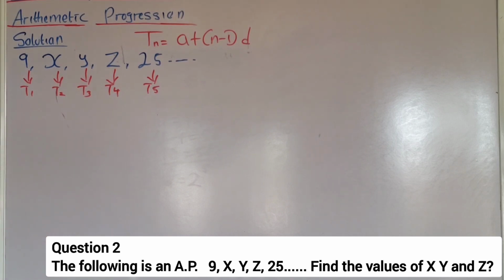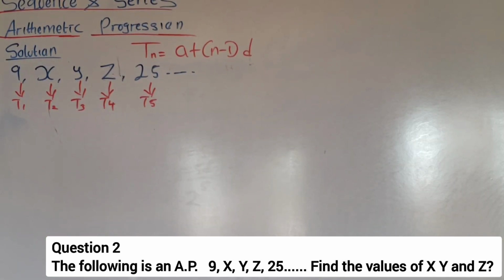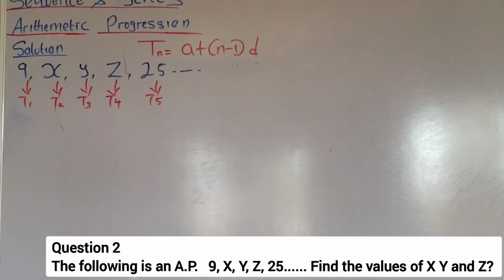Now, to determine the value of X, Y, and Z, we need to determine the value of A and d. Are you paying attention? We can get the value of A and d by using the first term and the fifth term that we've been given. So how do we find the value of X, Y, and Z? We need to determine the common difference. Don't forget that we've been given that the first term is 9.